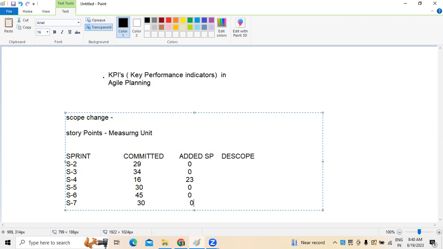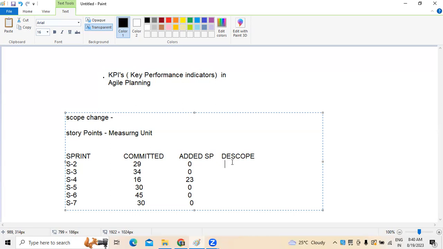Now, this is what we generally call descope, right? Descope is nothing but removing story points. Sometimes story points will be removed and sometimes they will be added.